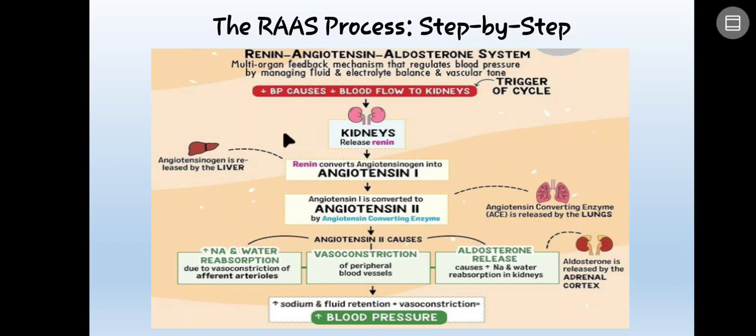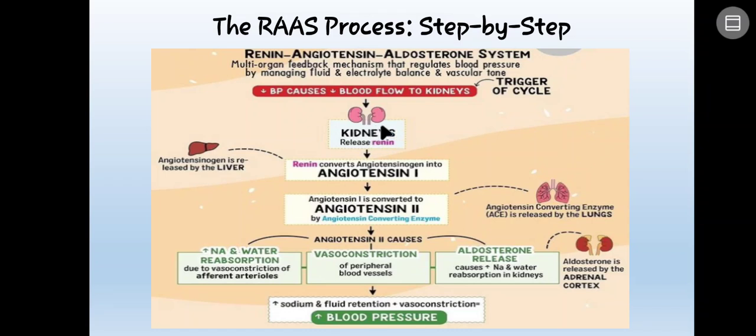In the distal convoluted tubule, we have specialized cells that we call the macula densa cells, which have the ability to sense the reduced sodium concentration. The reduced sodium concentration is interpreted as a low blood pressure occurring at the filtration level, and it sends a signal to the juxtaglomerular cells to also produce renin. That is the second process.